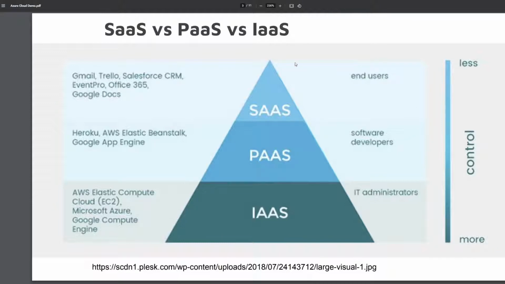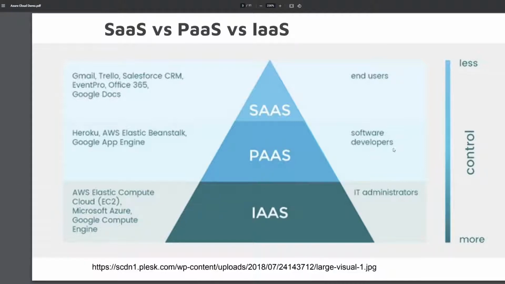For example, when you talk about software as a service solutions, that's your Salesforce, your Gmail, really, I mean, Facebook, Twitter, Instagram, all of them fall into this software as a service where they do offer marketing solutions and so on. But you can also think of Google Docs, Office 365, and some other similar services as consumer-centered, end-user-centered solutions.